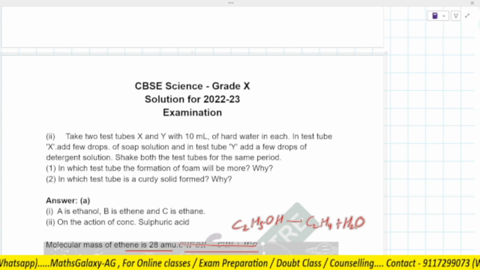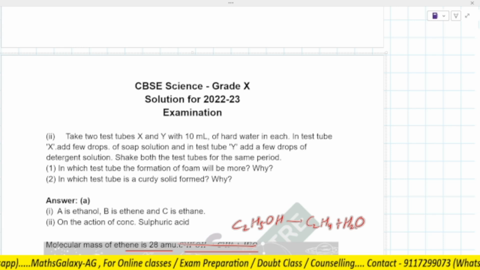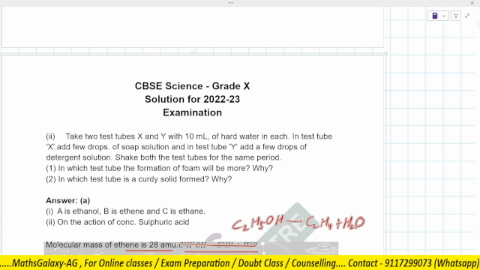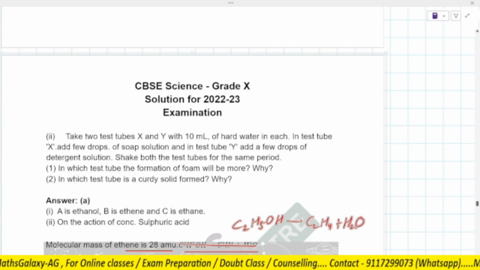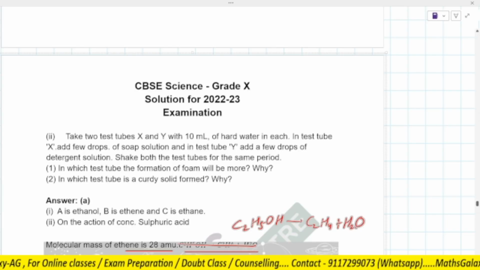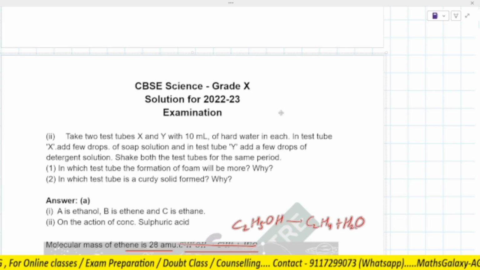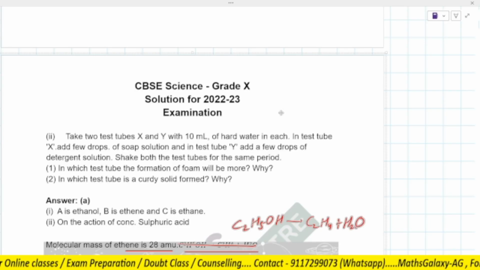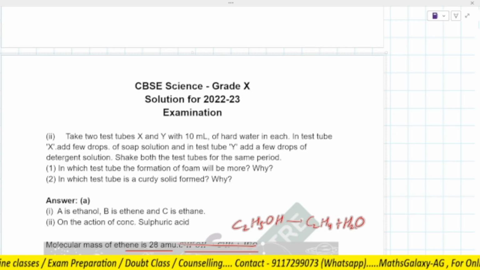Can you explain it? Test tubes with hard water in each. In test tube X, add a few drops of soap solution, and in Y, a few drops of detergent.